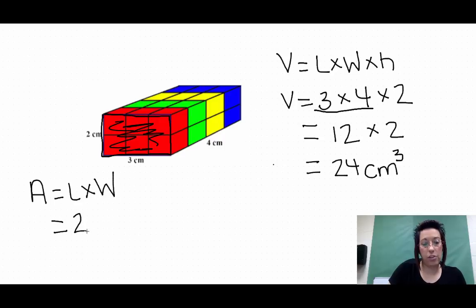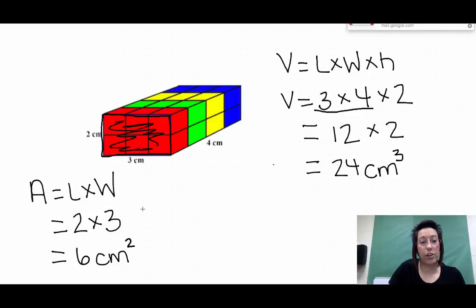So we have 2 centimeters times 3 centimeters, 6 centimeters, and area is squared because we have square units. Volume is the entire space that this shape takes up.